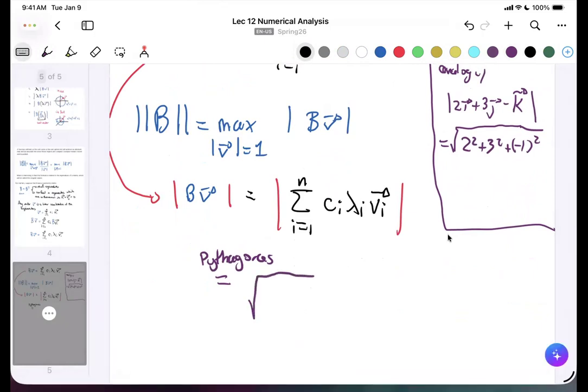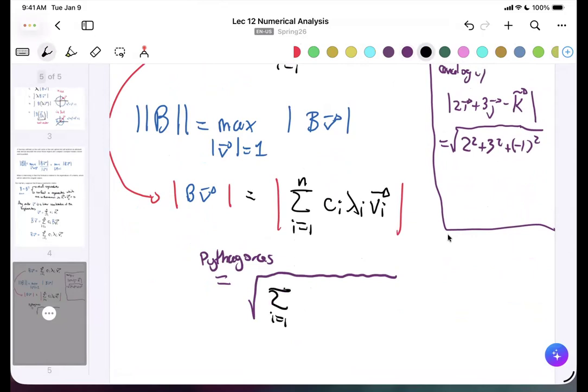If you apply Pythagoras theorem, you get the sum from i equals 1 to n of ci squared lambda i squared. Is that making sense? Okay.